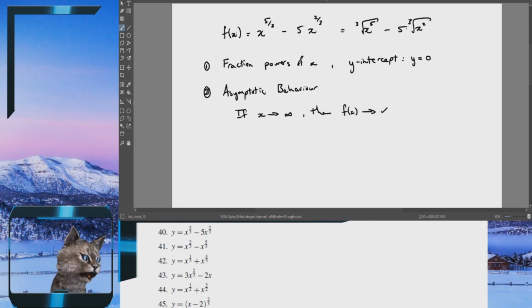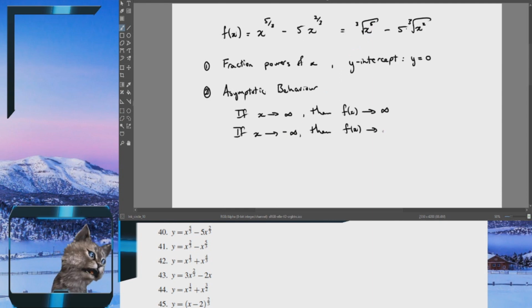Cube root of a big positive number, big positive. But if x, that was supposed to be an arrow, approaches negative infinity, then it still behaves like its leading term, a large negative number, and x to the 5 will also be large negative.